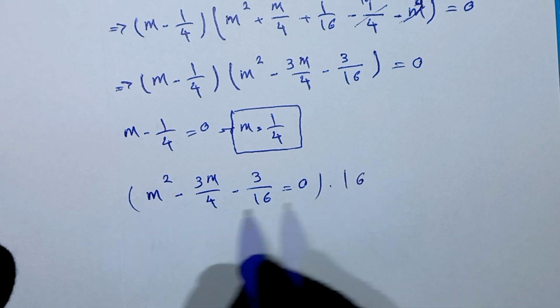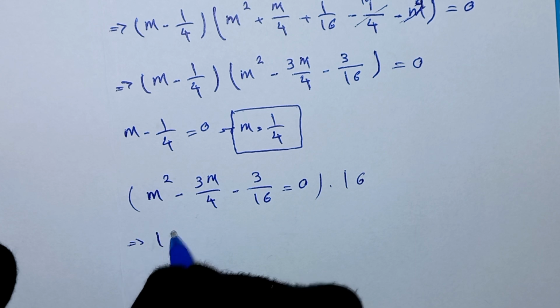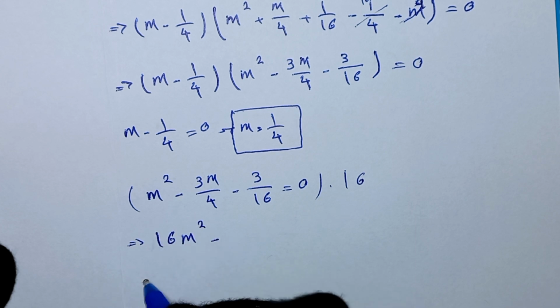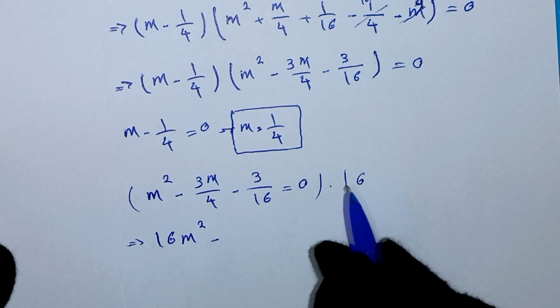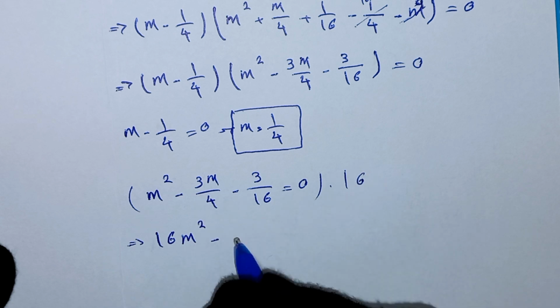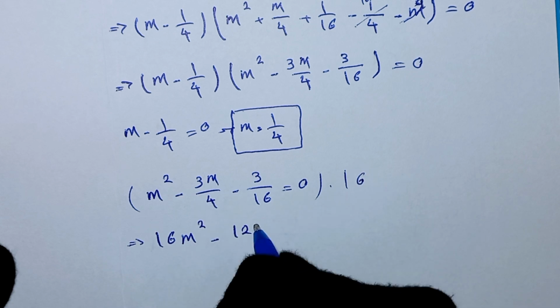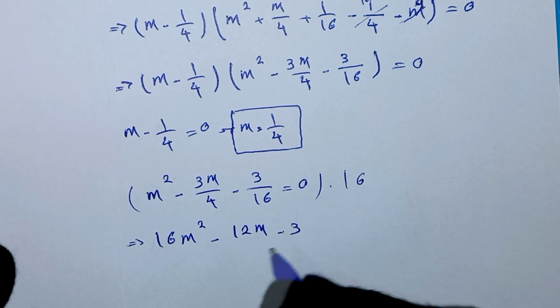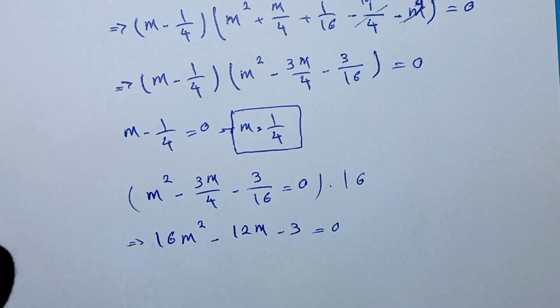In here, this time 16, it will be 16m square minus, this will cancel this by 4, and 4 times 3 is 12m, and this will cancel this, it will be negative 3 is equal to 0.